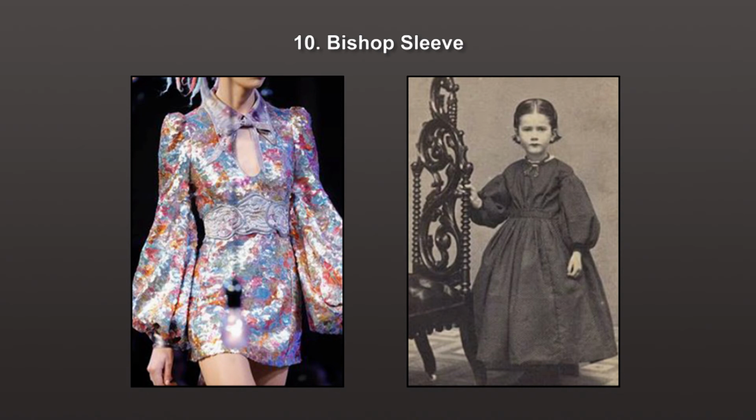It is also known as a Magyar sleeve. The image that we see here is a short length dress with a bishop sleeve in a shiny fabric. On the right is a picture from history. A girl from the 1850s wearing a dress with bishop sleeves.